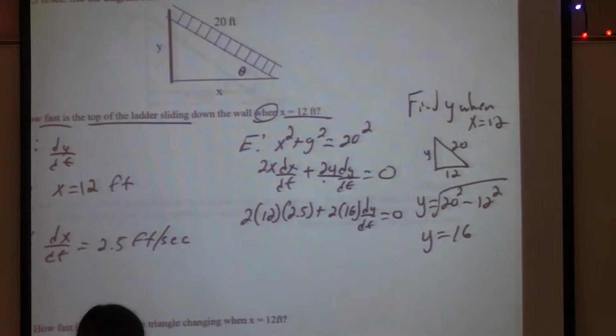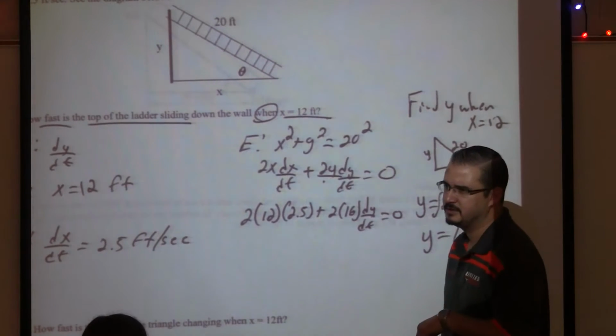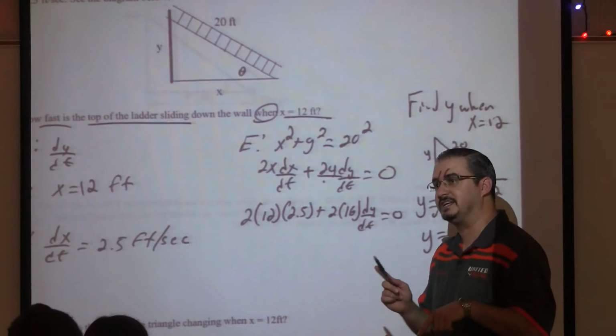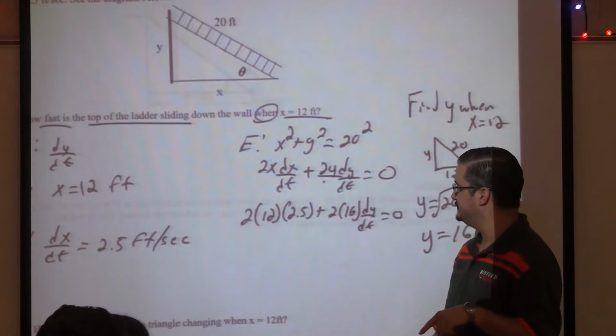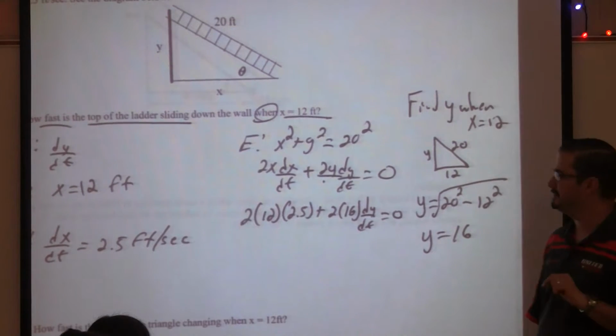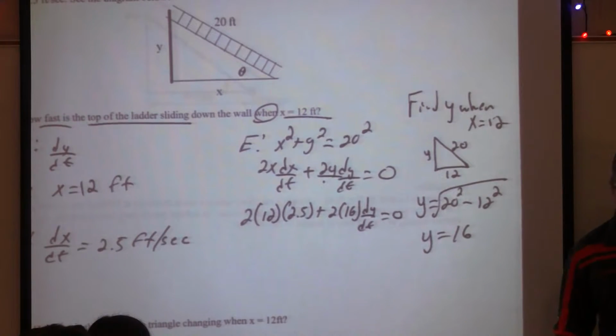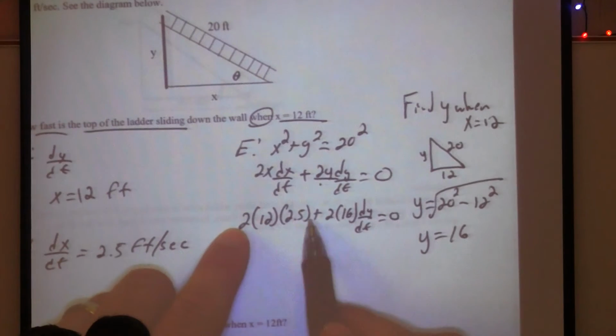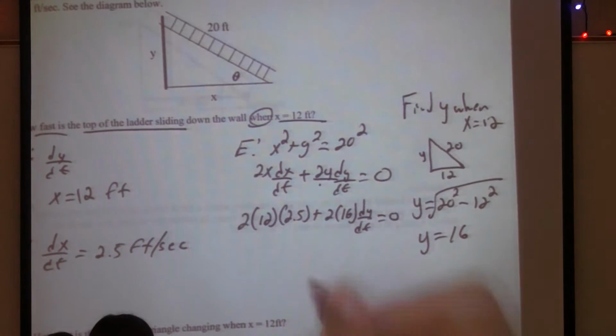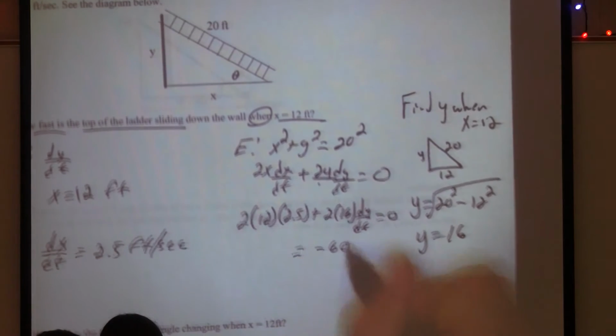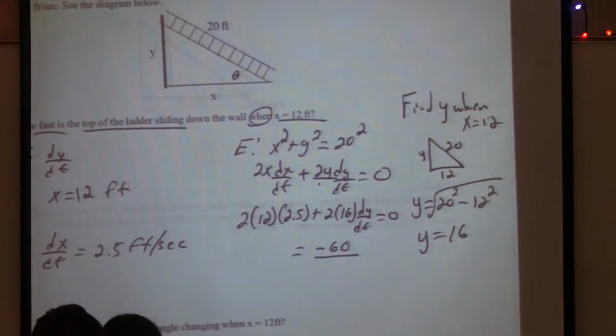Do 24 times 2. That's 48, and then we also need another half of 24. Half of 24 is 12, right? That's just 60. So this is 60, and we're going to minus 60, right? So we're going to get negative 60 over 16 times 2 is what?